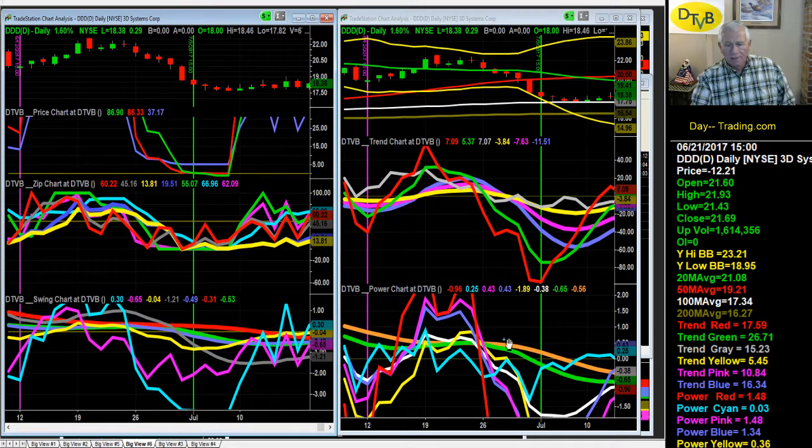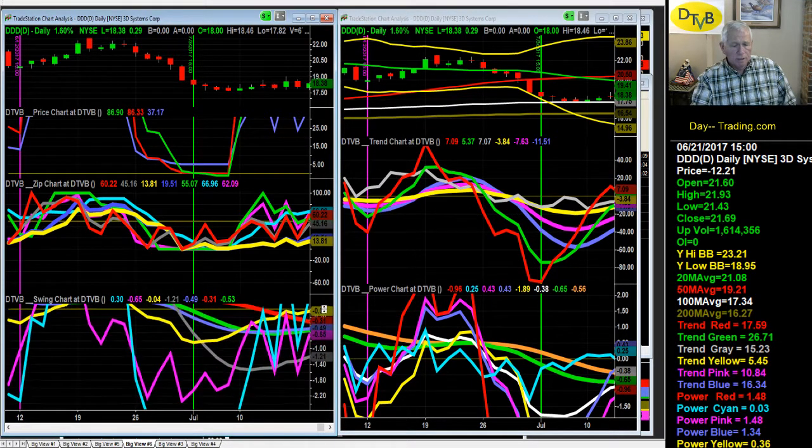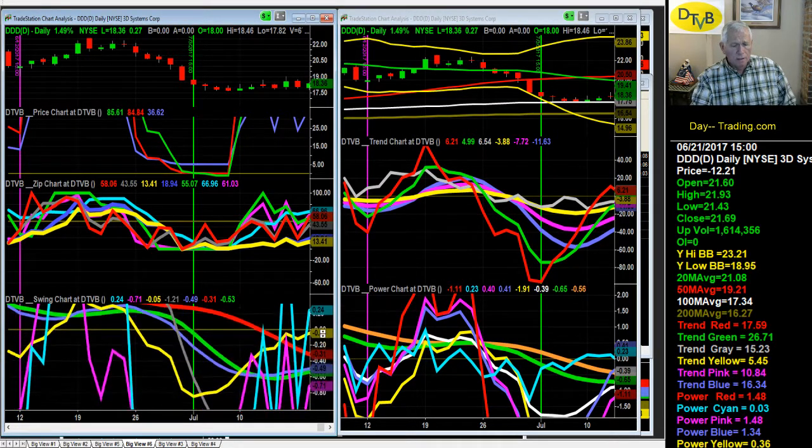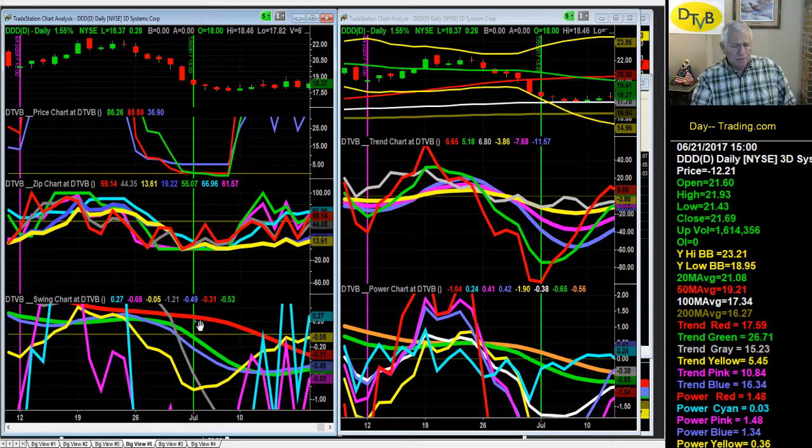And the difference that I want you to note, in the vertical green line, power green has crossed under zero. It's heading down. If you go over here to the swing chart, the red and green lines, again, the swing green has crossed down under zero.